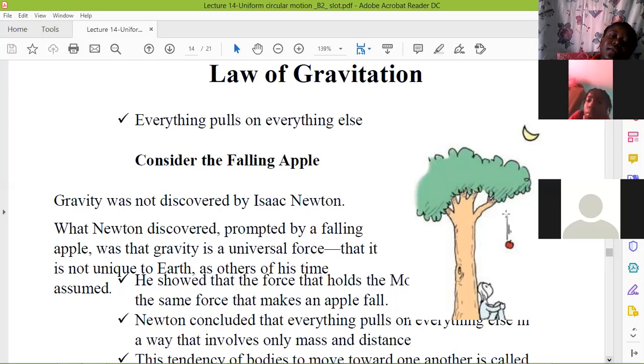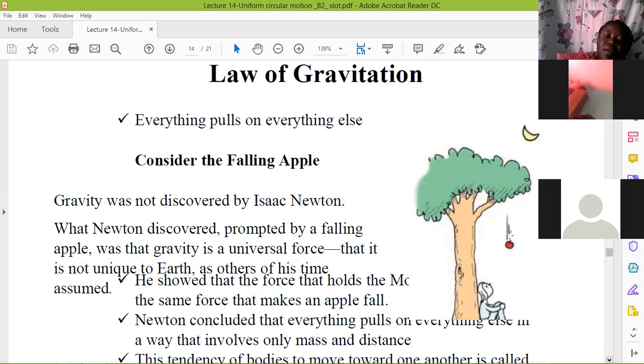Now it was discovered that, as this apple is falling due to the force of gravity, there is another force.